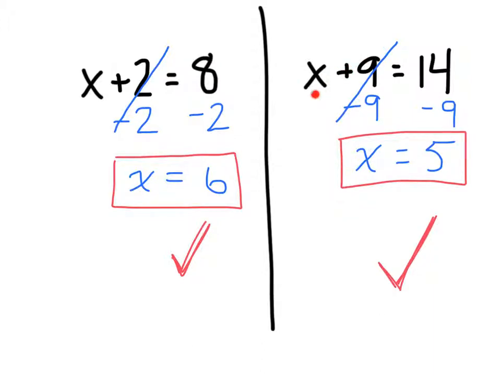The variables are puppies, numbers are kitties. We don't want to mix the puppies and the kitties because in my world they don't mix. So all we have to do is move the numbers from one cage over to the other side. That's why we are subtracting 9 from the left side over to the right side.